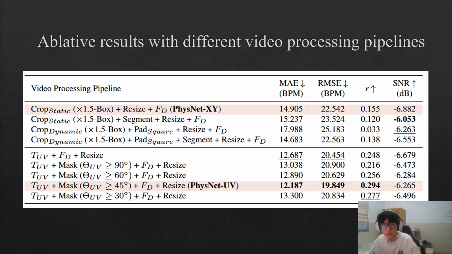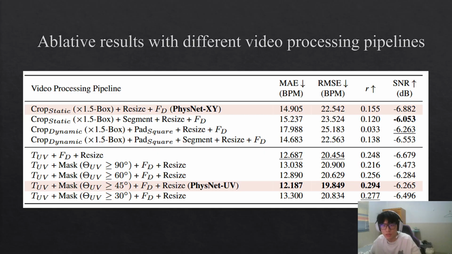Table 4 shows the impact of different processing components in the pipeline through ablation studies. The baseline VCNet XY with static cropping achieved an MAE of 14.905 bpm. Introducing UV transformation with various orientation angle thresholds demonstrates that a 45-degree threshold provides optimal performance, achieving an MAE of 12.187 bpm.